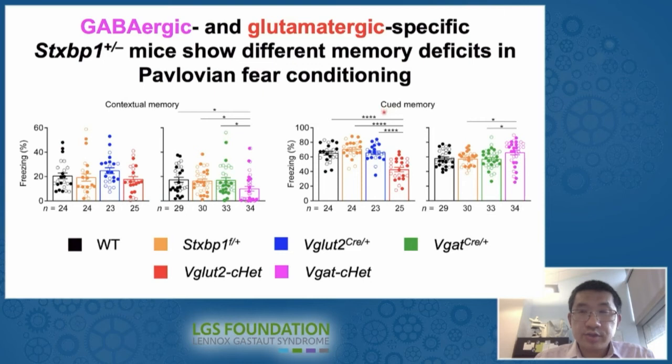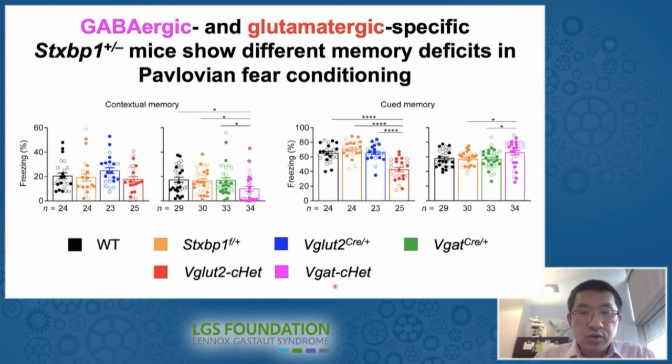Whereas the cue memory, the sound-induced fear memory, is impaired in the glutamatergic heterozygote mutants, but somewhat normal or actually slightly increased in the VGAT heterozygote mutants. So this is the first time that we actually see 2 aspects of the same learning memory paradigm being segregated in 2 different cell types.